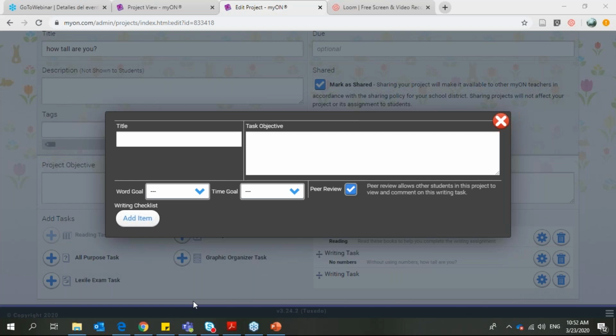How can we assign the students to review their friends at random? No, they will be able to see, if I have 5 students and I checked the box peer review, all of my students are going to see their group's writings.